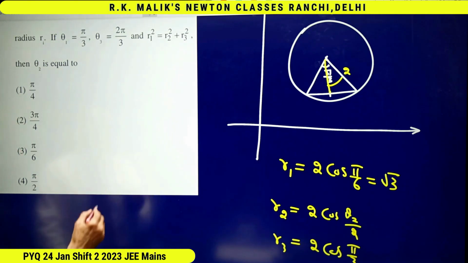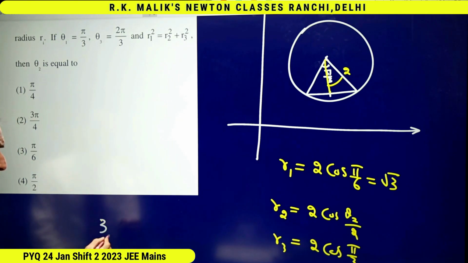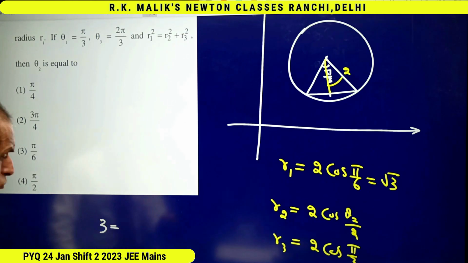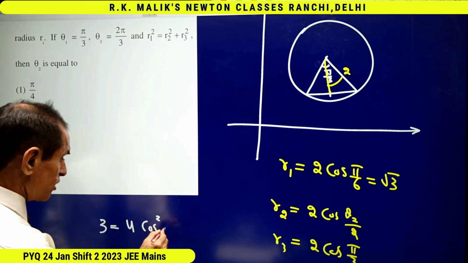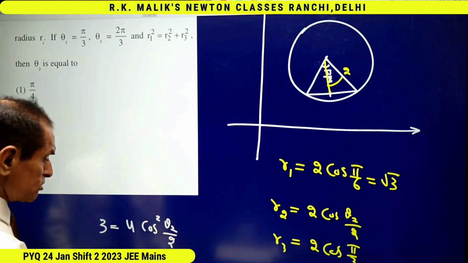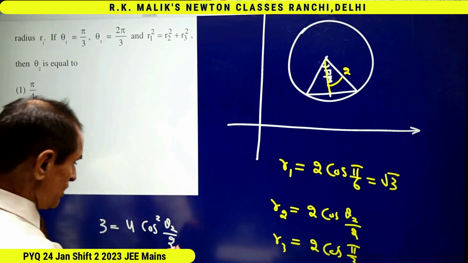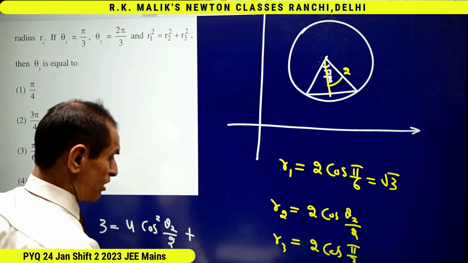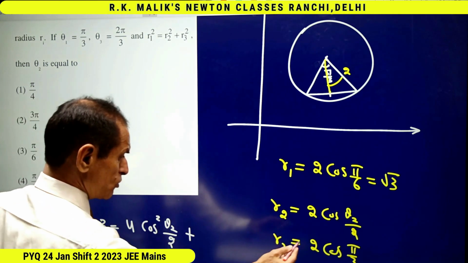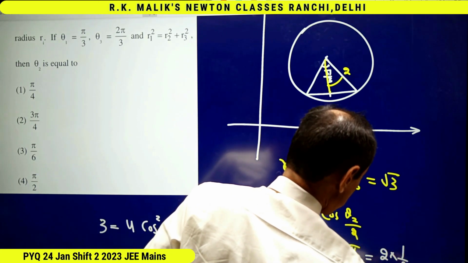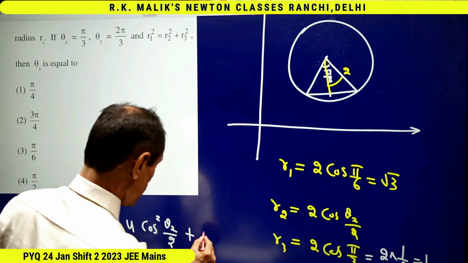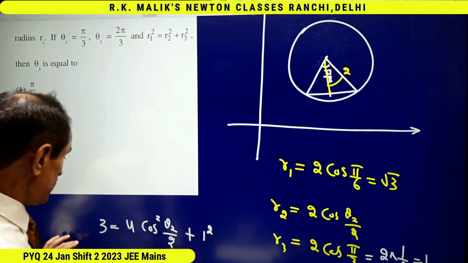Because R1 square means 3 equals R2 square means 4 cos square theta 2 by 2, and R3 means 2 into 1 by 2, that is 1, therefore 1 square.